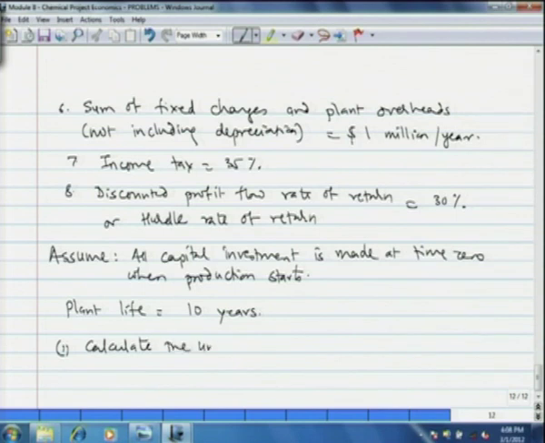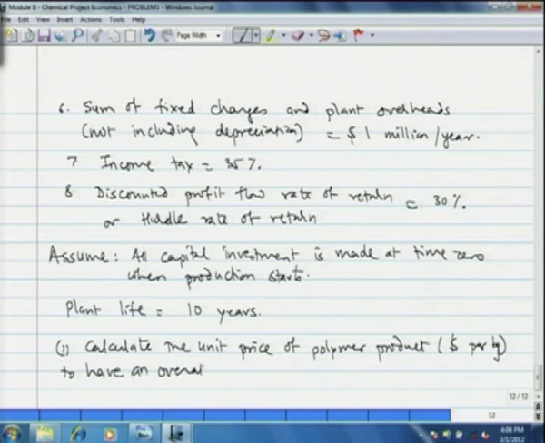Calculate the unit price of polymer product in dollar per kg to have an overall return on investment, ROI, of 30% over 10-year period.